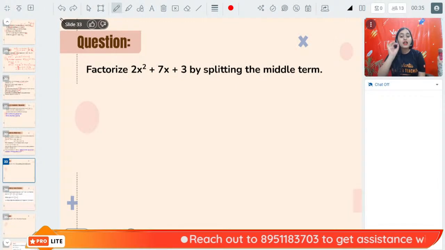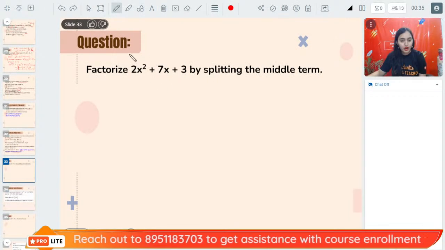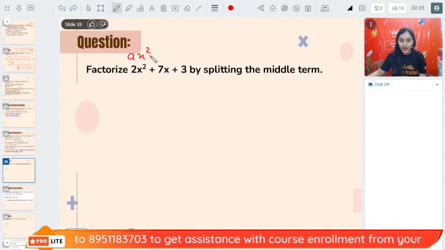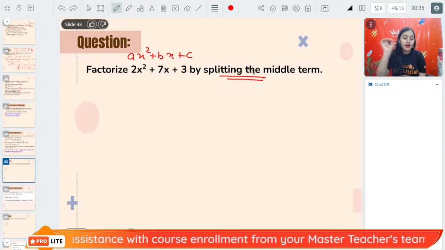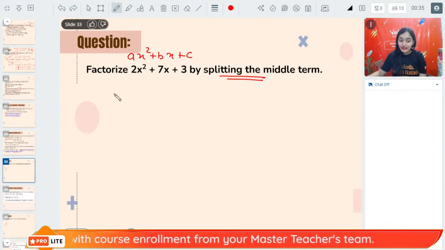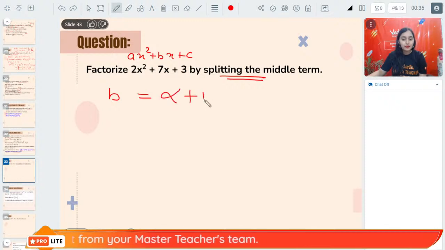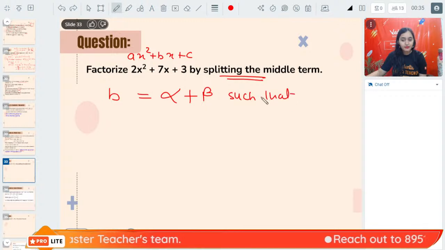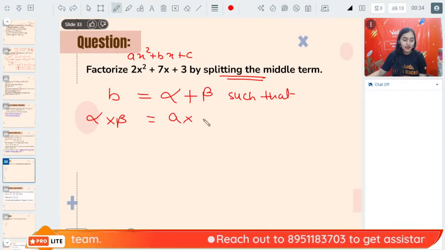That means, suppose you have an algebraic expression, or you can say a polynomial, ax square plus bx plus c. How to split the middle term? Basically, b should be written as alpha plus beta such that alpha into beta is a into c.